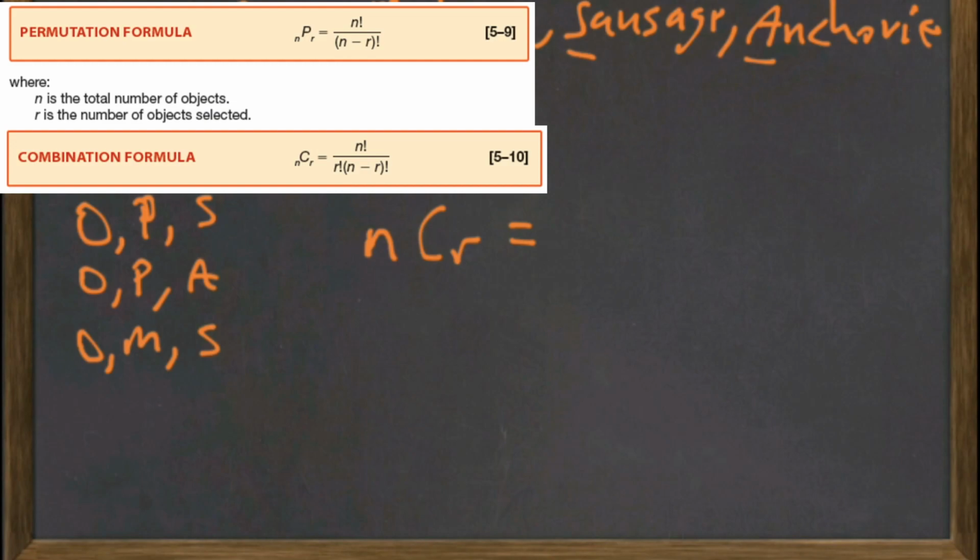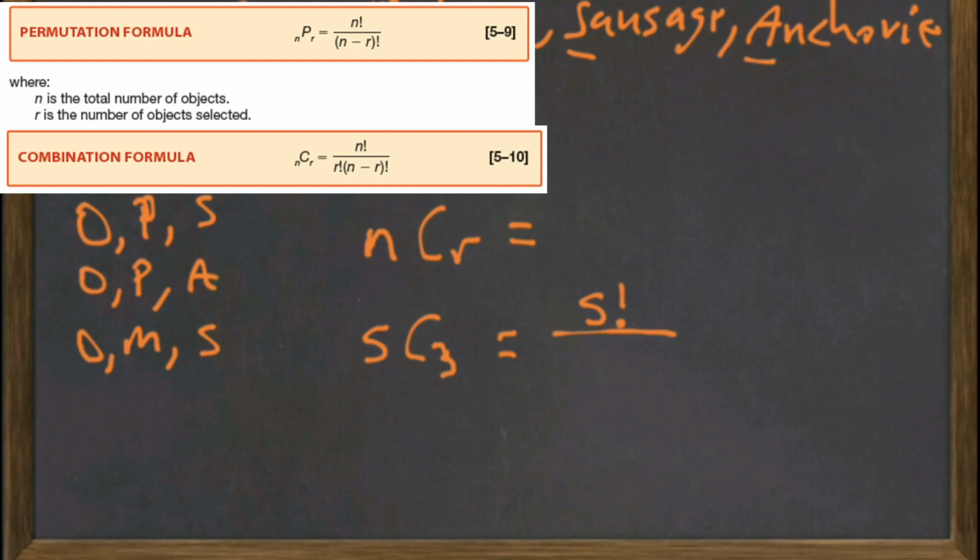In our case, we would have 5 choose 3, and that's going to be 5 factorial. We're indicating that we're still counting that there are 5 factorial different orders these could go in. If you remember from the last video, that's 120. So there are 120 different orders in which we could put all 5 of these options.